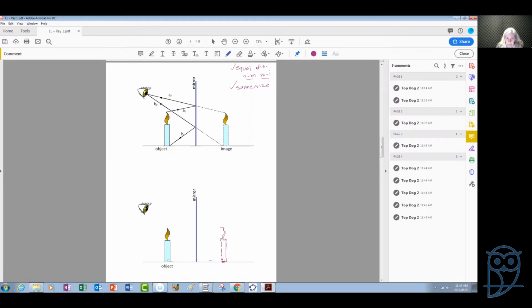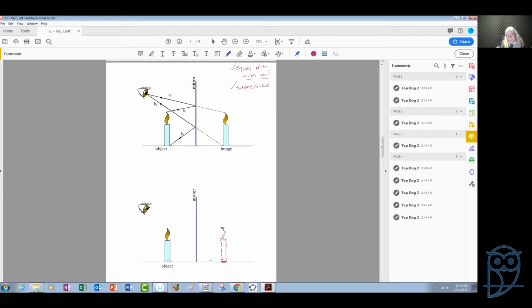If this observer sees the image, it's because he or she receives rays that seem to come from the image. So we just need to draw two rays that reach the eye that seem to come from the top and from the bottom of the image.